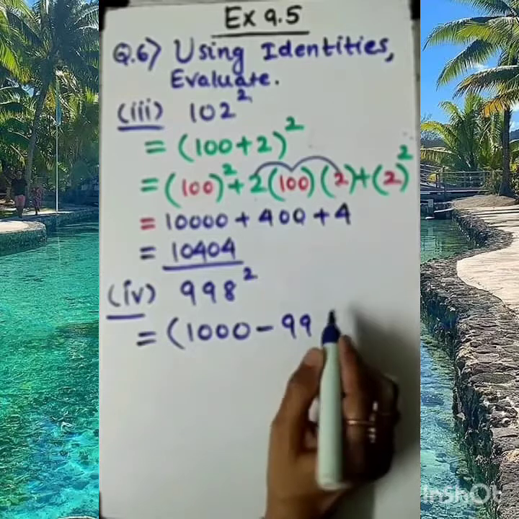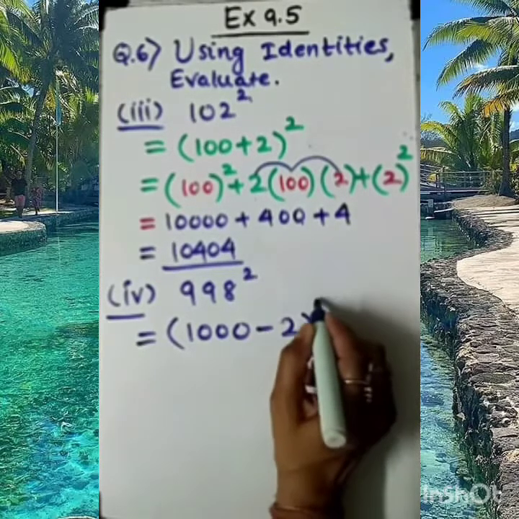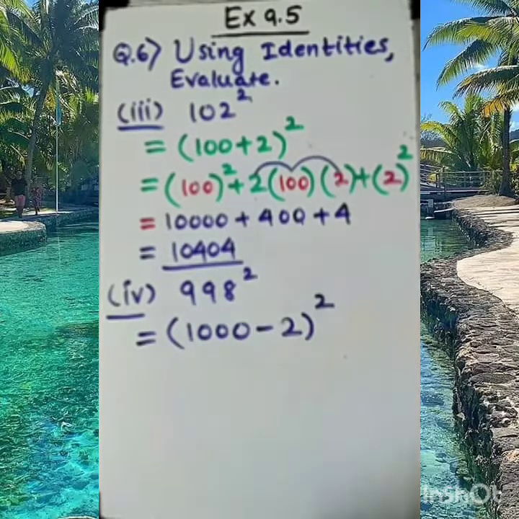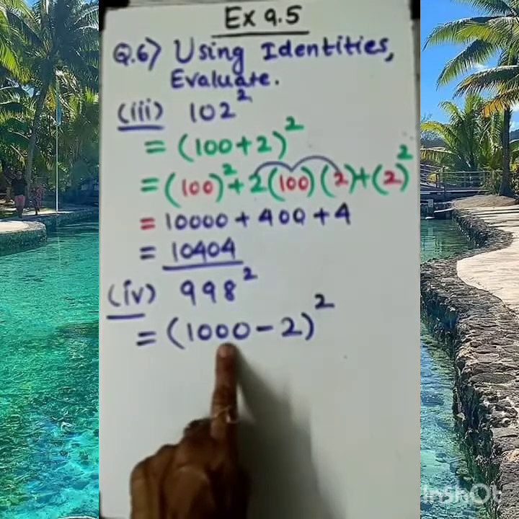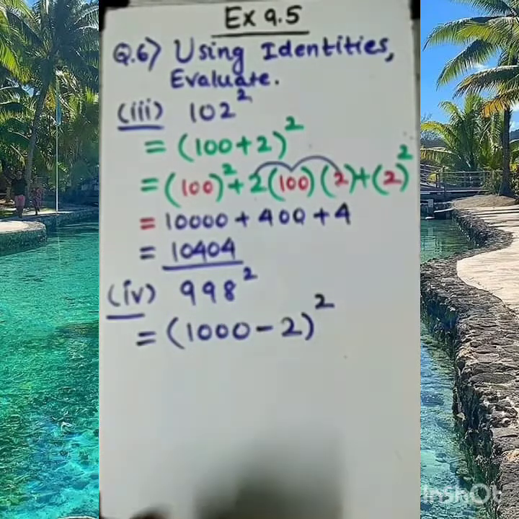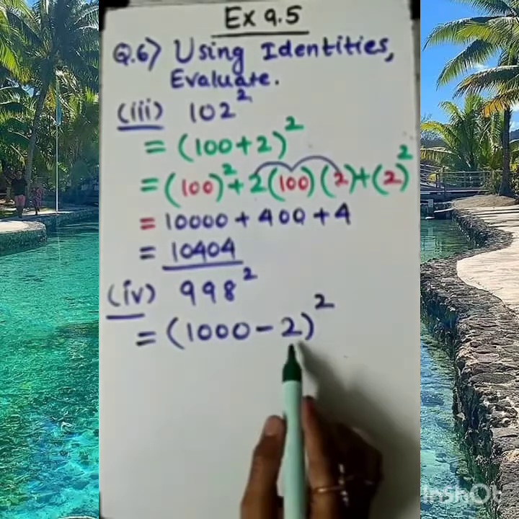If we subtract 2 from 1000, then we will have 998. So 998 can be written as 1000 minus 2.